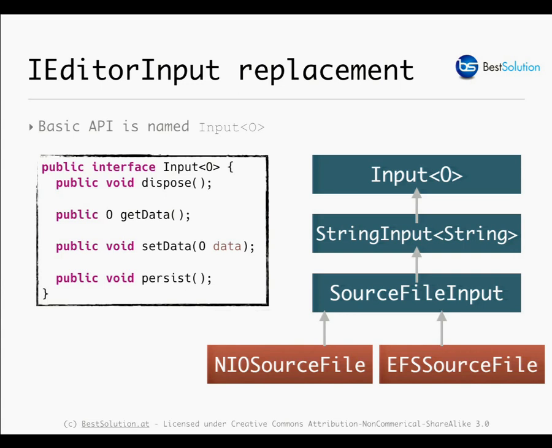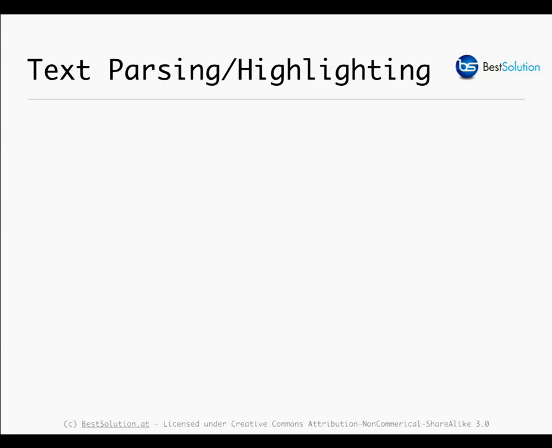For example, if you have a file on the file system, we can use NIO Path and File to represent that, or in the Eclipse workspaces, we have the Eclipse file system, IFile, IResource, and all this stuff. So this is the abstraction that we are using to abstract away how we deal with the real data or the real file in the end.